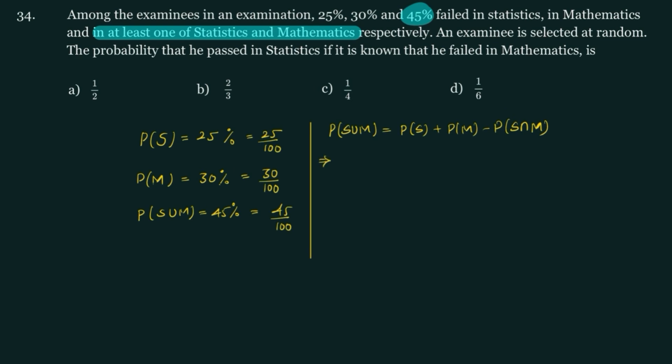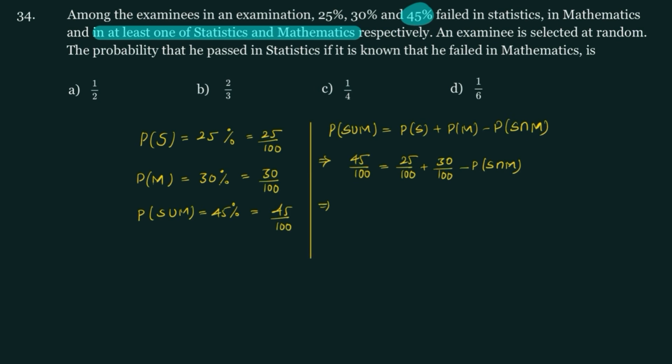So probability of S union M is 45 out of 100, which equals P of S, 25 by 100, plus 30 by 100 minus P of S intersection M. See, this S intersection M means the student has failed both in maths and statistics.